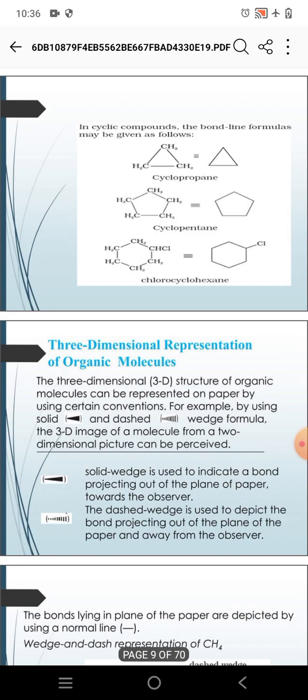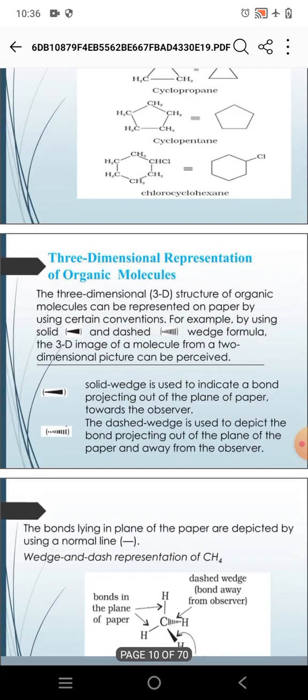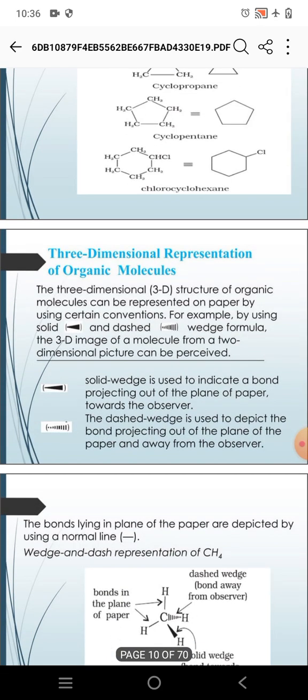At first, cyclopropane, a triangular shape. Next, cyclopentane, where each point contains one CH2 group. And next, chlorocyclohexane, where one hydrogen is replaced by a Cl group.